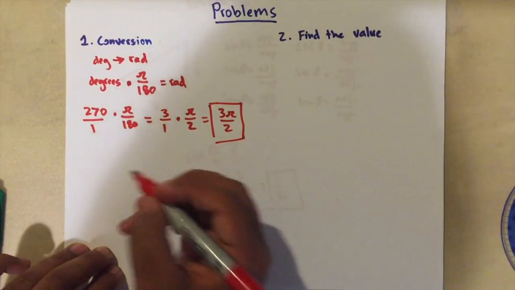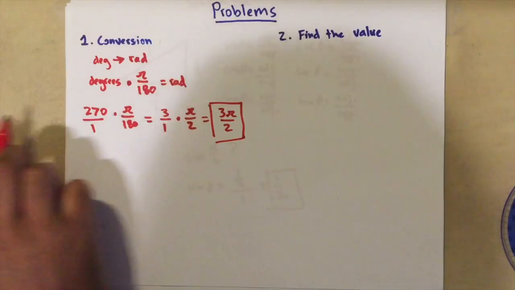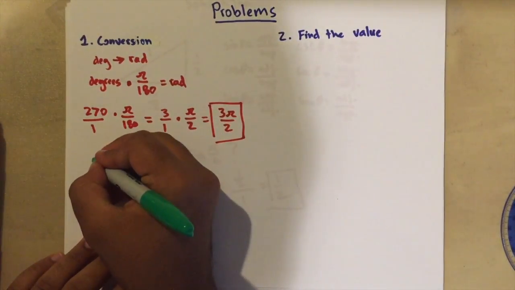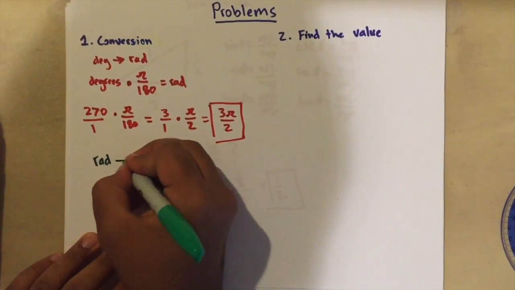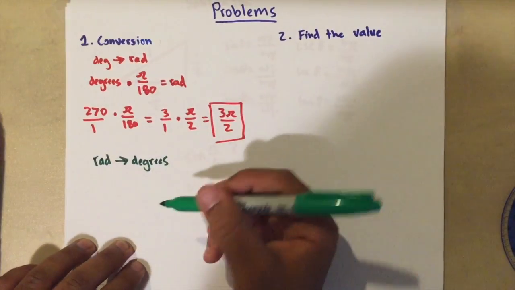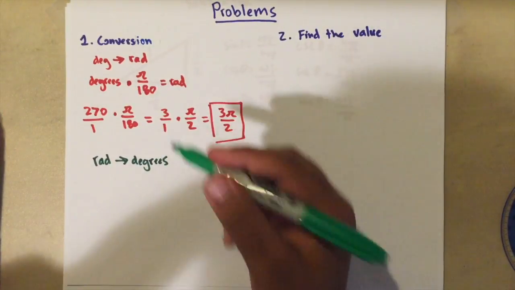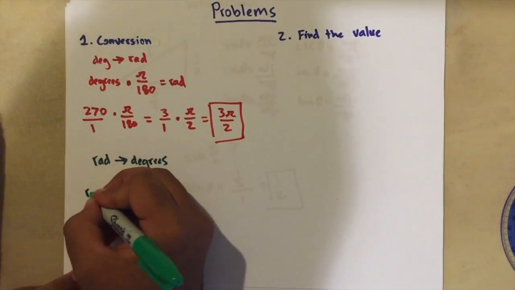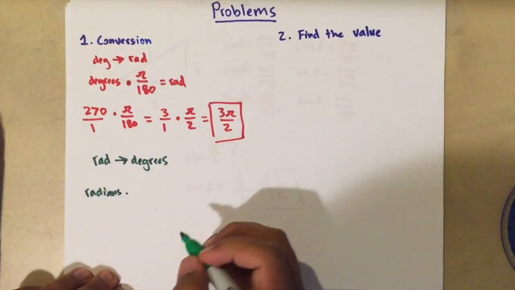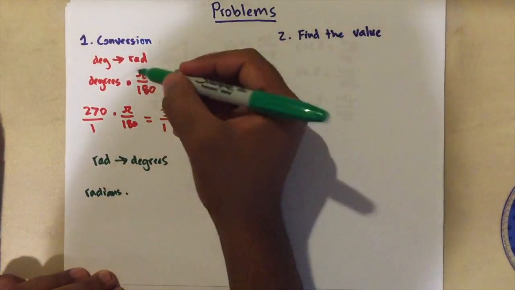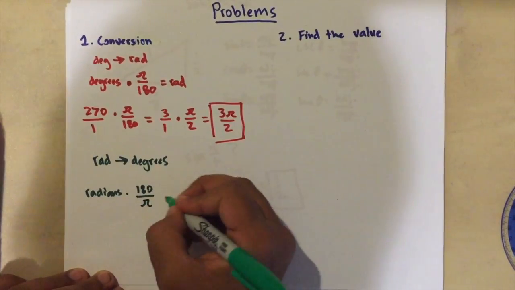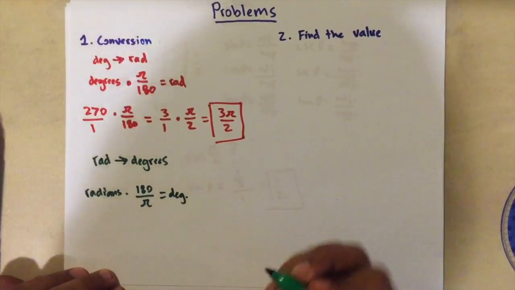And similarly, if we want to switch from radians to degrees, we would follow a similar equation, except it would be the reciprocal of that. So whatever radians we had, we would multiply that by, instead of pi over 180, 180 over pi, and that would give us the degrees.